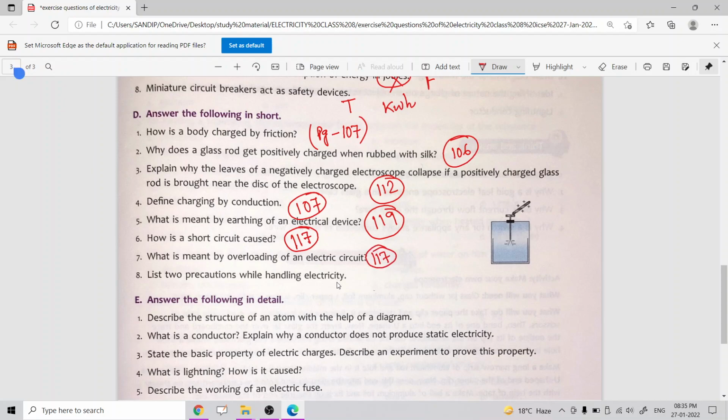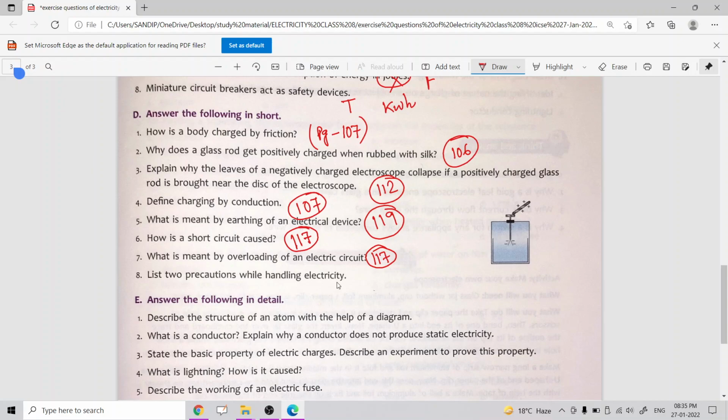Overloading means, a particular wire has a maximum current rating, a maximum amount of current that can flow through any wire used in our home. But sometimes many devices are connected to one circuit.